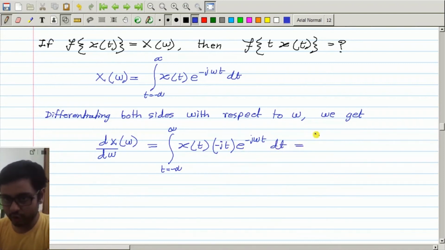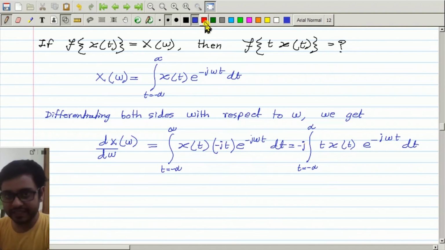So this is equal to integration from minus infinity to plus infinity, and here I will write this as t followed by x(t) followed by e to the power minus j omega t dt, and this minus j I will put outside here.